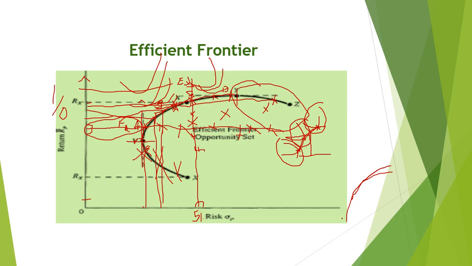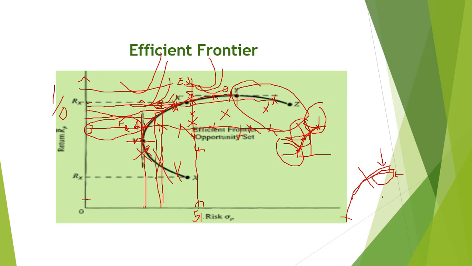Over here, till this point, the efficient frontiers are more or less the same. But if we move further, adding more risk or more return, there will be differences. This is short sales not allowed, and this is where short sales are allowed.